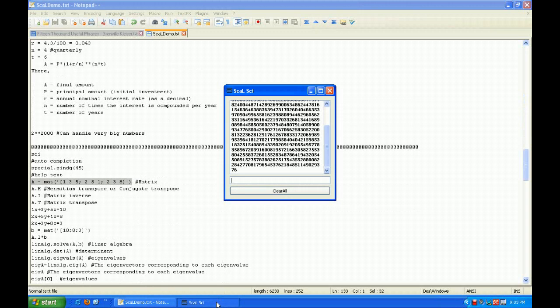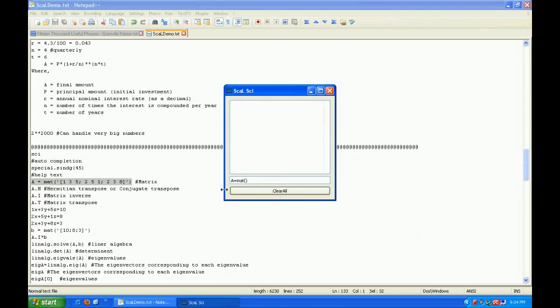In ScaL, we can do operations on matrices. First clear it.